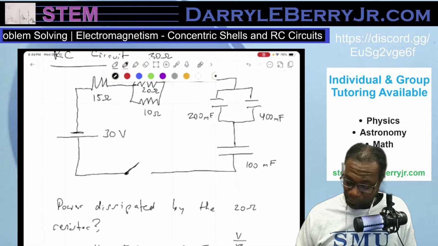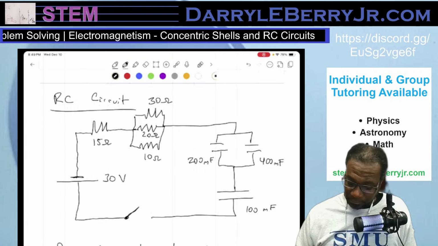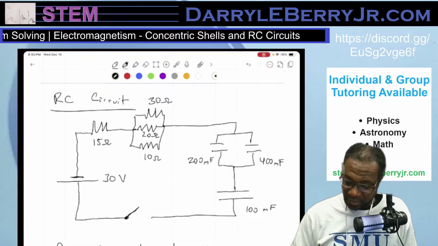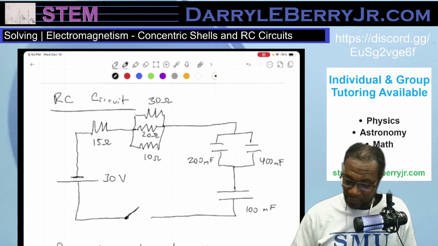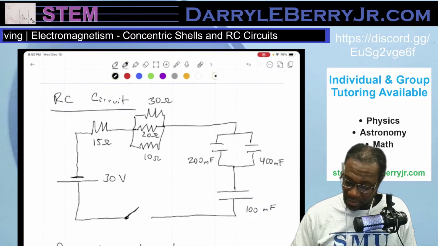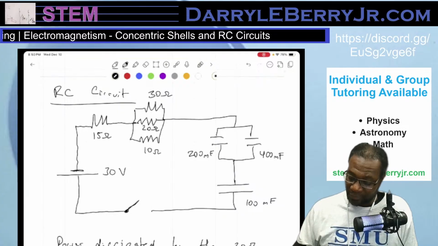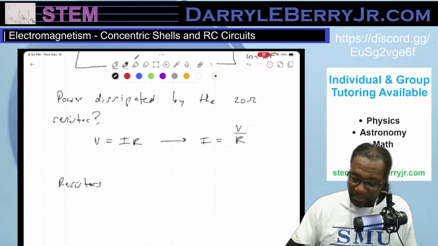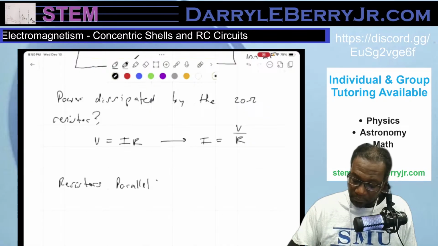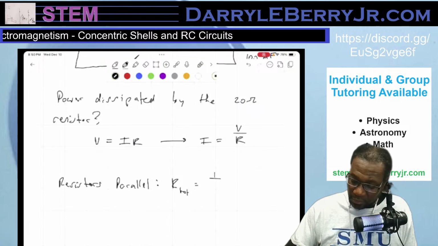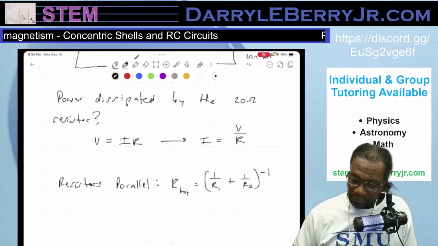Should be easy enough to do. So we know that the first one is 15 ohms. So we don't have to do anything with that. But the next one is parallel. So if you have resistors in parallel, R total equals 1 over R1 plus 1 over R2, and take the inverse of that.